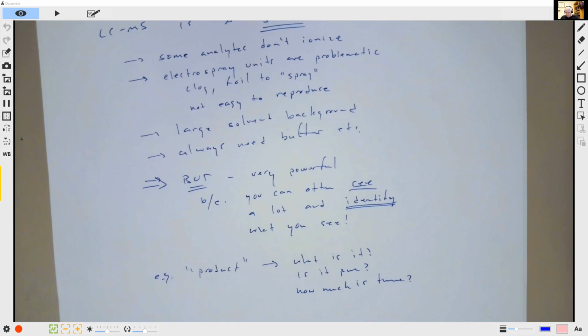Well, in order to answer a question like this, you have to have some idea as to the volatility of your compound and the other compounds in the matrix, right?